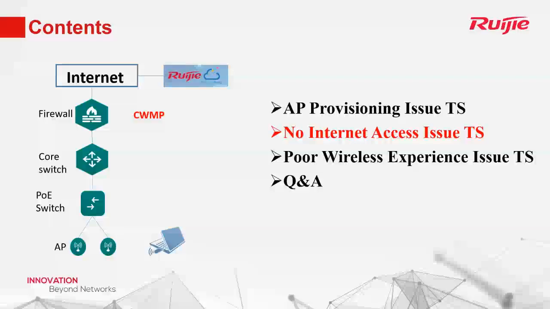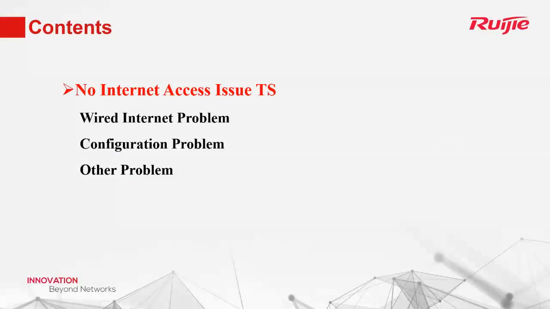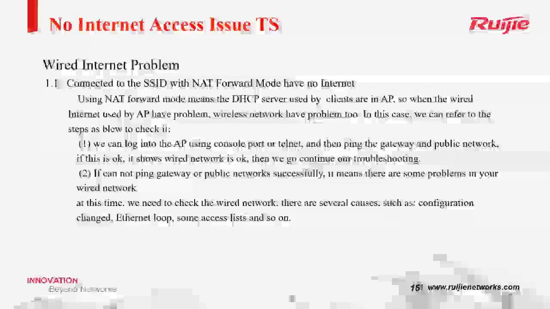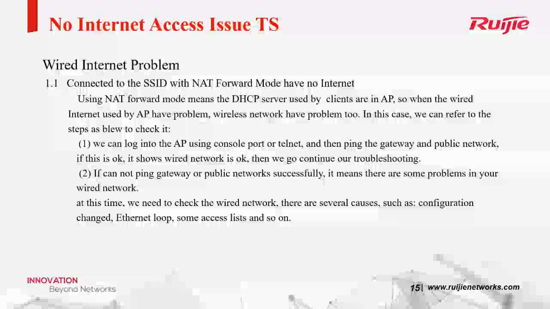The second part is the no internet access issue. I split it into three parts, three problems too: wired internet problem, configuration problem, and other problems. First, the wired internet problem.